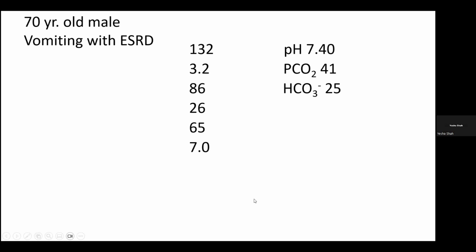So if he has ESRD, would we actually expect him to have generally a chronic metabolic acidosis? And so in this case, we would look at it as if he likely has some sort of mixed pathology, something mixed that incorporates a metabolic alkalosis.